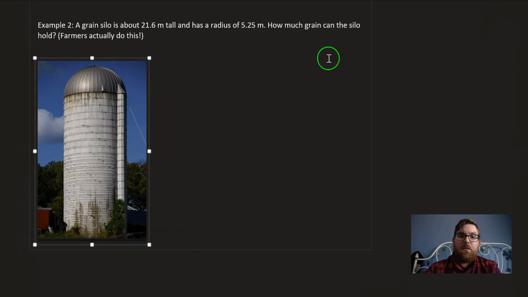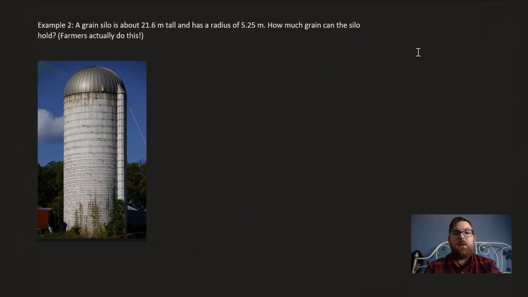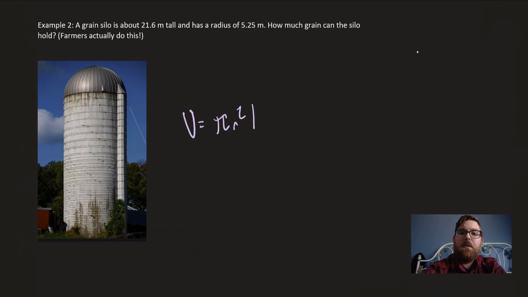First thing, I have to decide what shape this is. I'm looking at the picture here, a silo, and it's a cylinder. So I know that my volume is pi r squared h. So now I'm going to read the question again.